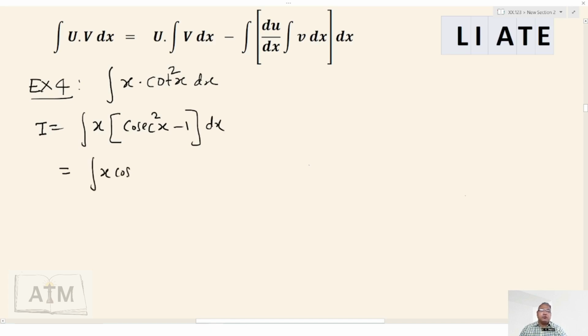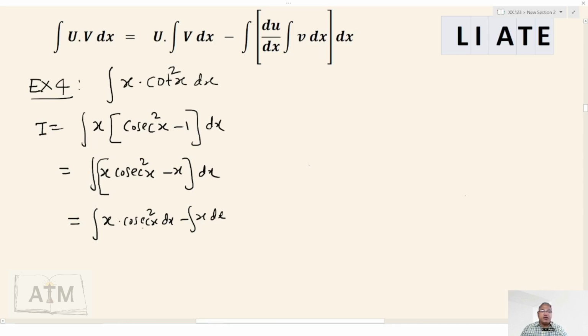Opening the bracket, x into cosec square x minus x, that is integration of x into cosec square x minus x with respect to x. This can be written as integration of x into cosec square x with respect to x minus integration of x dx. Now the integration of x dx is nothing but x square by 2.